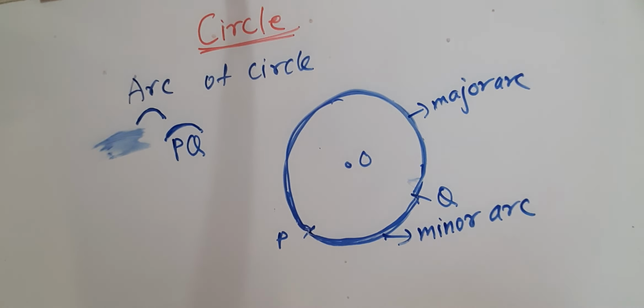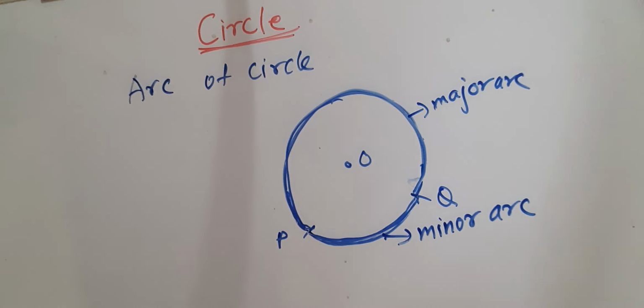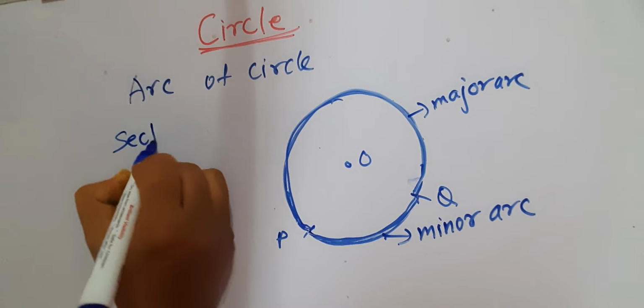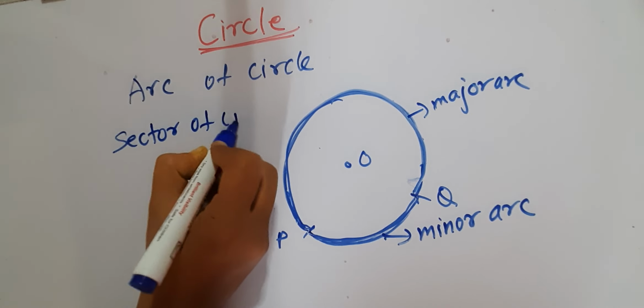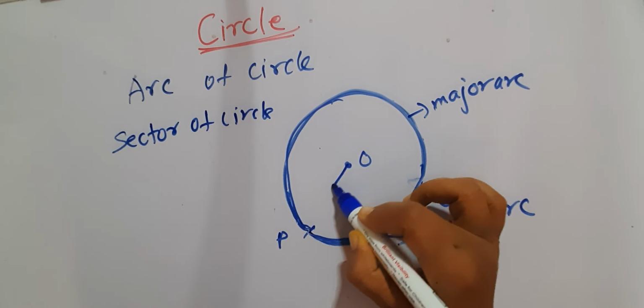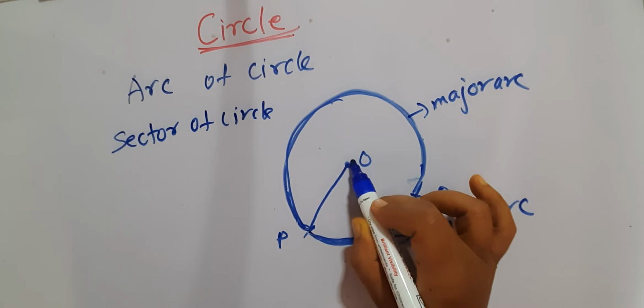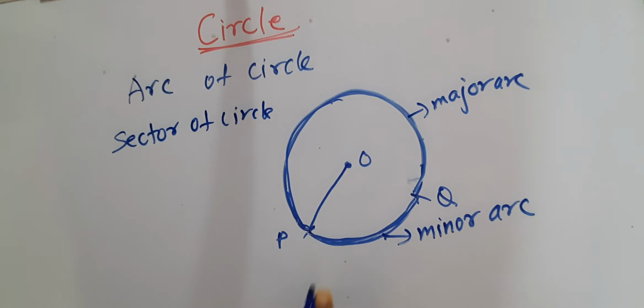Now next we have sector. Sector of a circle is nothing but the region bounded by the arc of a circle and two radii of the circle. So suppose I draw a line segment O to P, this is a radius because it starts from the center of the circle and joins a point on the circumference.